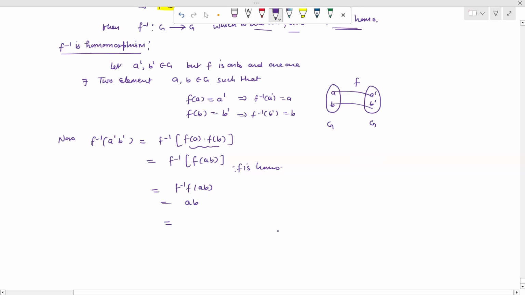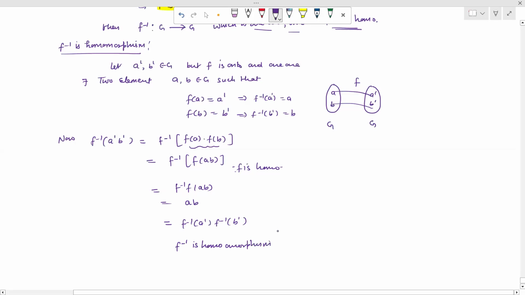So in place of a we write f inverse of a dash, and in place of b we write f inverse of b dash. So f inverse of a dash b dash equals f inverse a dash into f inverse b dash. It means that f inverse is a homomorphism.